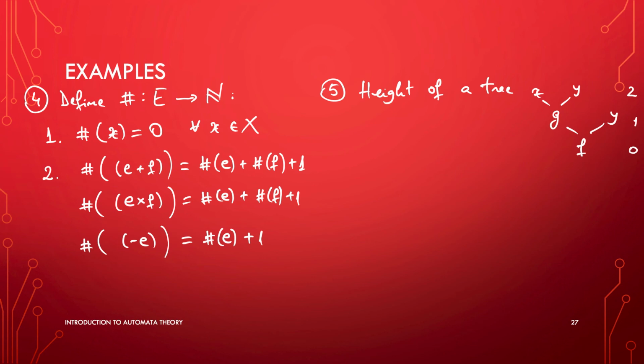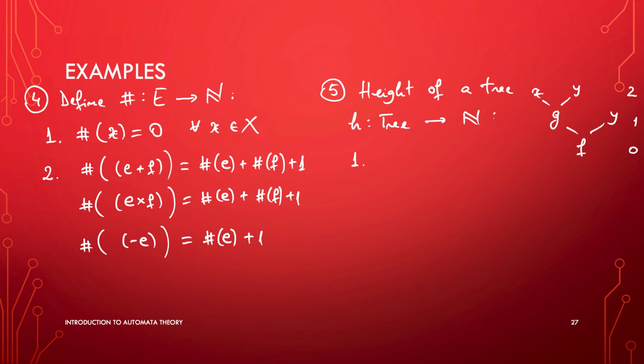So the definition is going to be, I'm going to have H defined on the set of trees, with values in the natural numbers, and defined in the following way. Again, we have these two conditions, and they mirror the conditions we had when we defined inductively the set of trees.